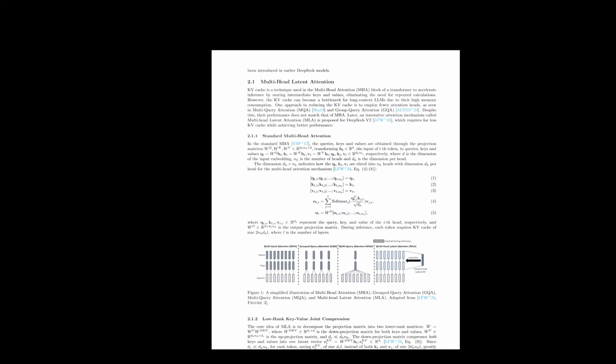The dimension d_h times n_h indicates how the q_t, k_t, v_t are sliced into n_h heads with dimension d_h per head for the multi-head attention mechanism.